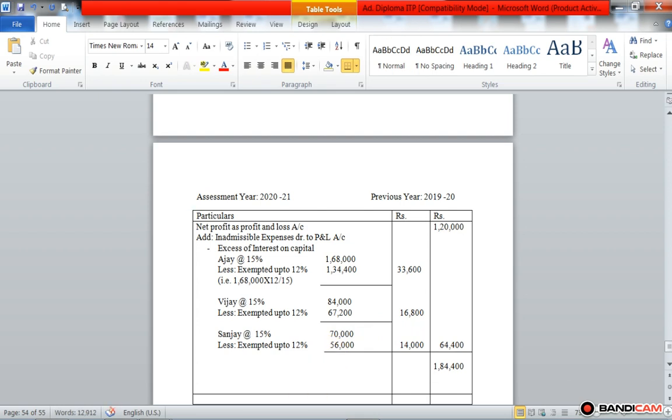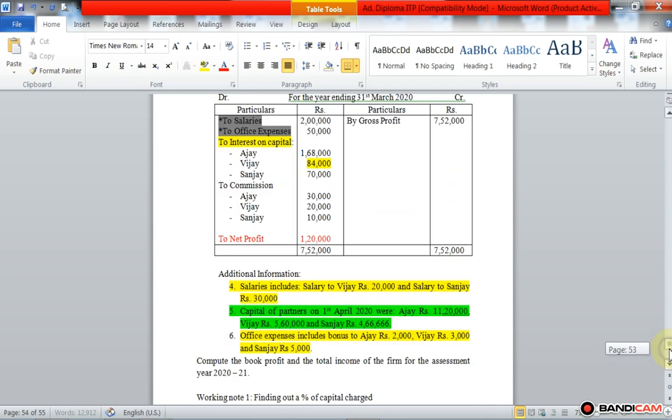Okay, then we deduct income chargeable under other heads credited to profit and loss account. But here other income is not credited to the profit and loss account, so it is ignored.